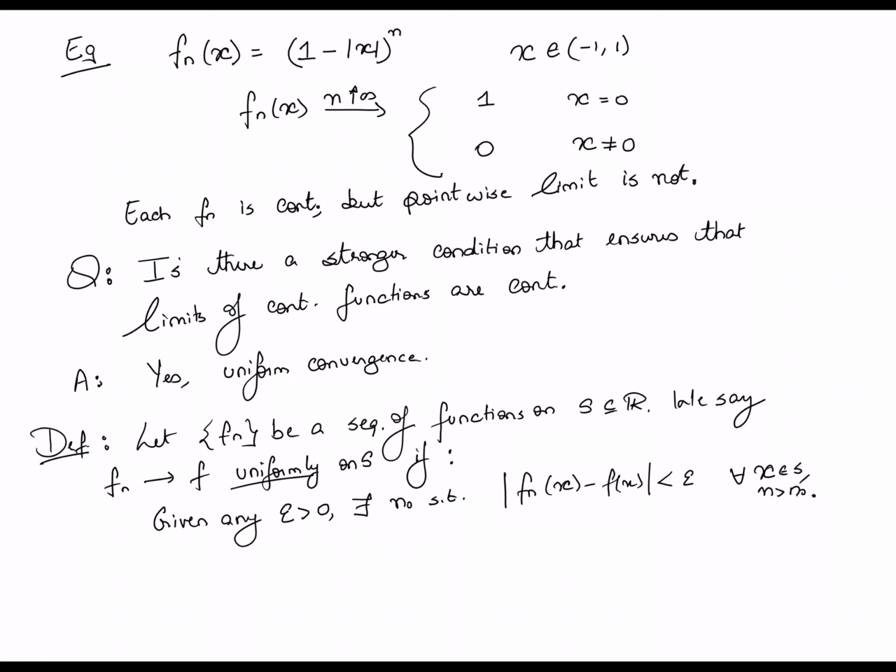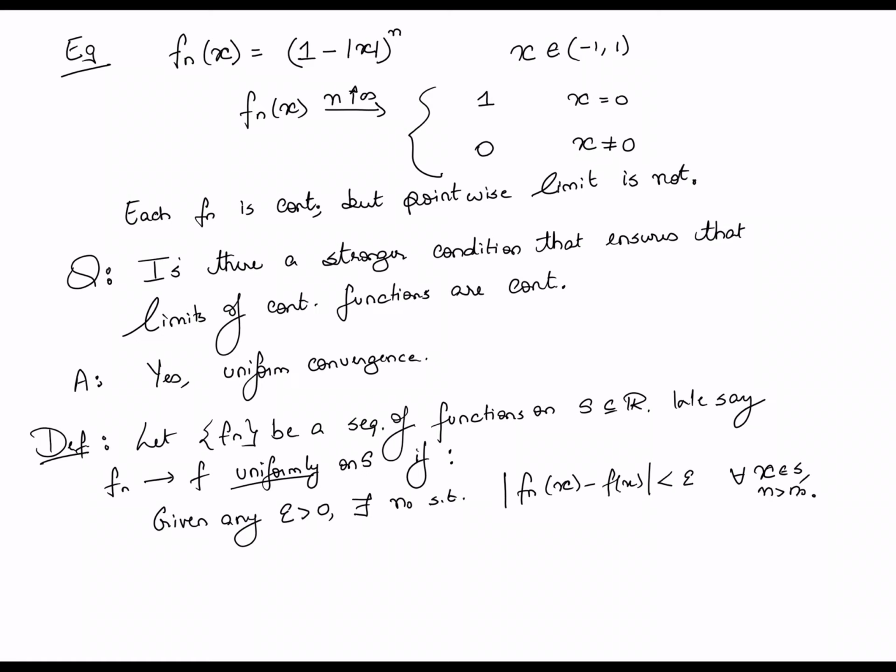Now, why is this uniform convergence? Because for any epsilon, there exists an n naught such that the deviation between Fn of x and f of x has to be less than epsilon for every x and for every n greater than n naught.